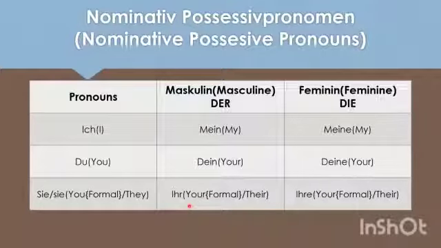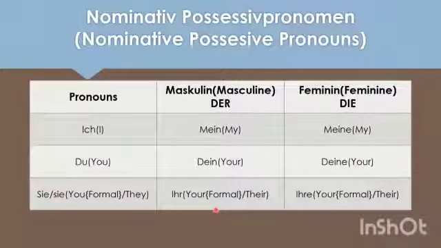Sie. The capital S is used for you in formal and the small s is used for they. So the nominative masculine possessive pronoun for both is ihr, which means your in a formal way or their.